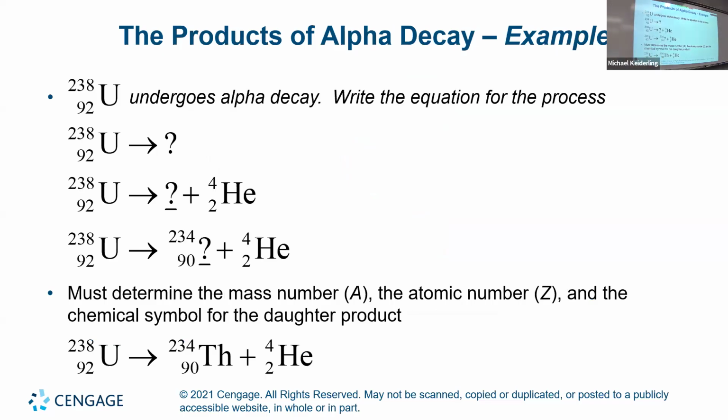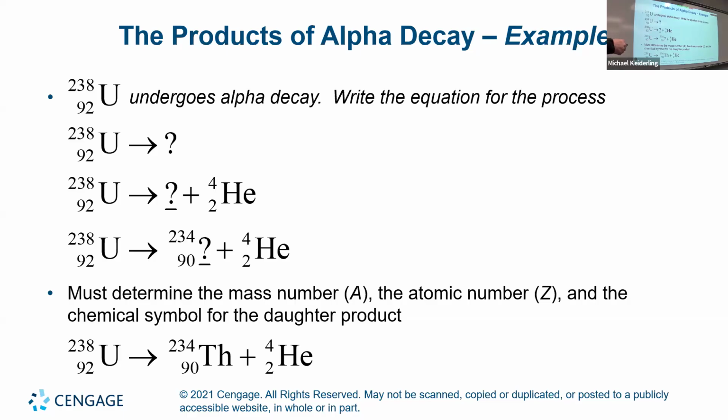So here, uranium-238 undergoes alpha decay. We can write the equation of the process. We have uranium-238 equals something plus a helium nucleus, which is helium-4, atomic number 2. Uranium-238 is atomic mass 238, atomic number 92.